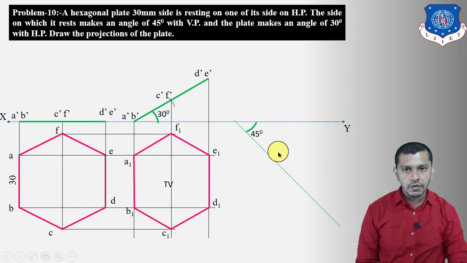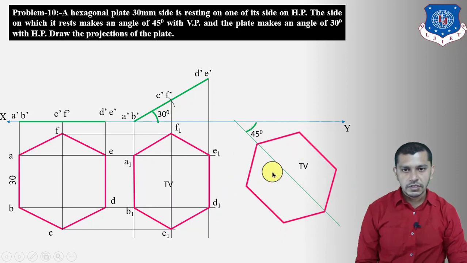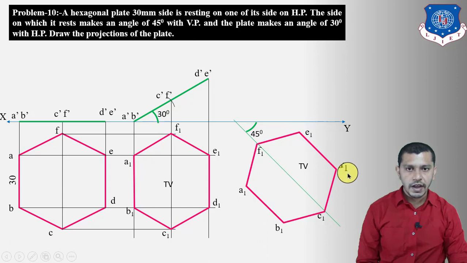So copy this figure over here by taking F1C1 on this line. So this is our top view, this is our A1, B1, C1, D1, E1 and F1. So right now the angle of F1C1 is 45 degree and AB and CD are parallel to the FC. That is why the angle of A1B1 and C1D1 will also remain 45 degree.